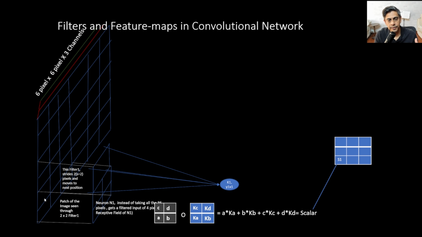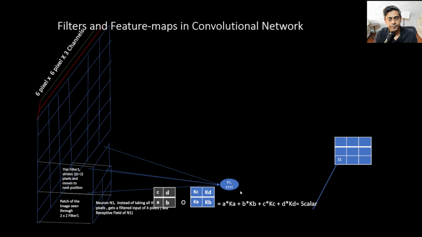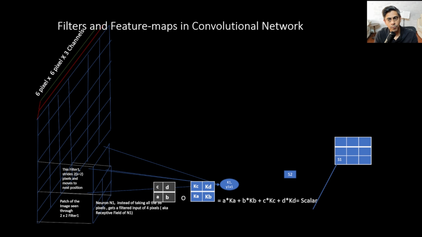If it is 1, then there would be 1 overlap. So the stride could be adjusted according to your need, how granular you want to map the dependencies between the adjacent points and so on. So it has now moved 2 pixels, and then it will do the same operation once again, and it will get one more scalar value which will be stored.